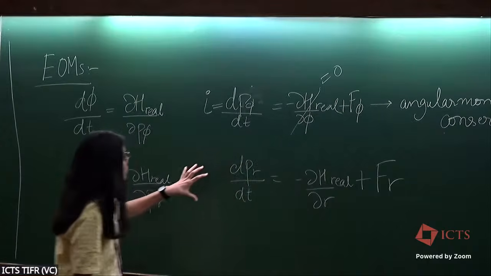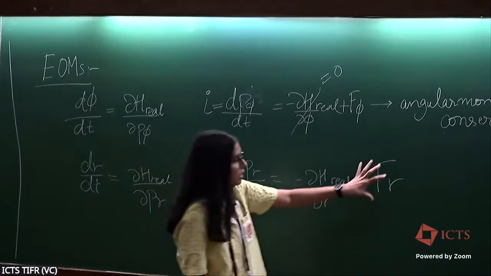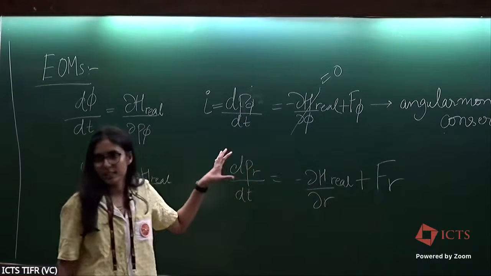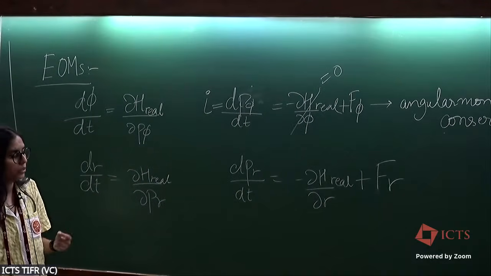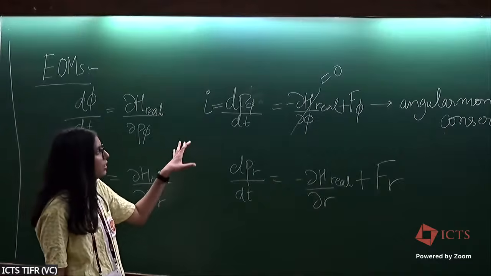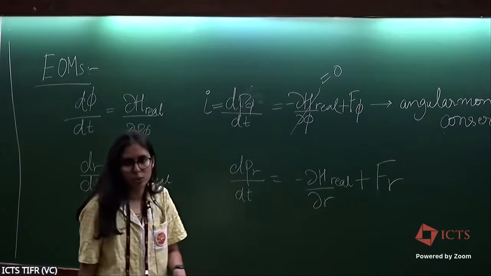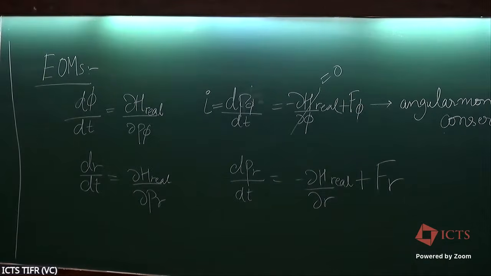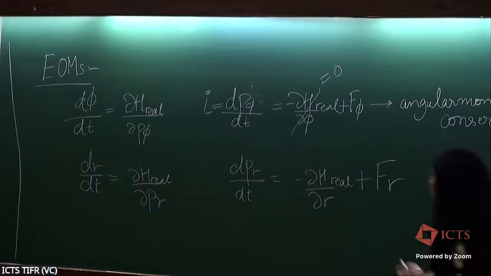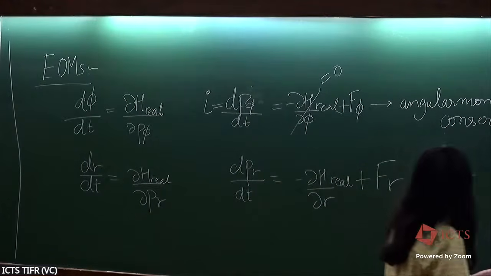And for the radial part, we have this force Fr. And that makes sense because if the two compact objects are inspiraling, they will radiate away some angular momentum, and that's captured by these forces Fr and Fphi. So now, this is the angular momentum loss. What is the energy loss? Let's look at the energy loss.